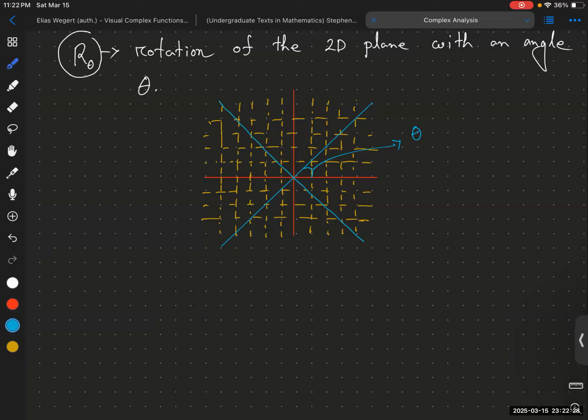That means our new grid points will be something like this.